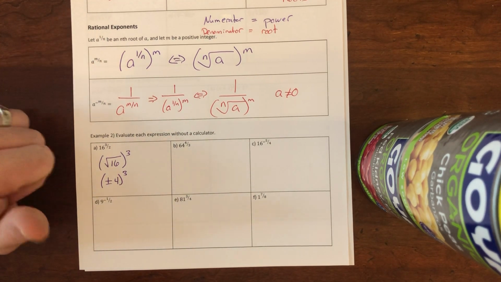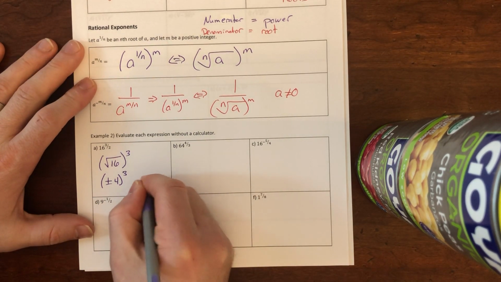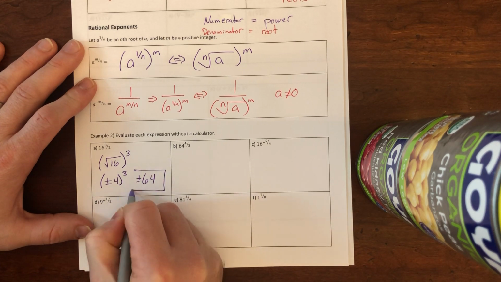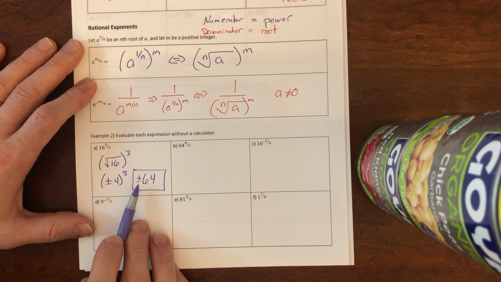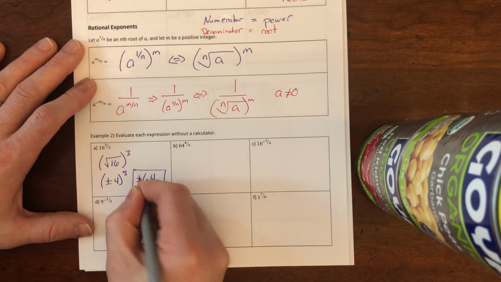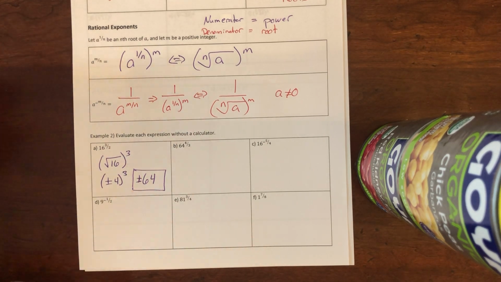And now we'd have to do 4 times 4 is 16, times 4 is 64. So our answer here is plus or minus 64, because we could do the same thing. Negative 4 times negative 4 is 16, times negative 4 is negative 64. Just try to remember that anytime you take an even root, to keep the plus or minus there.